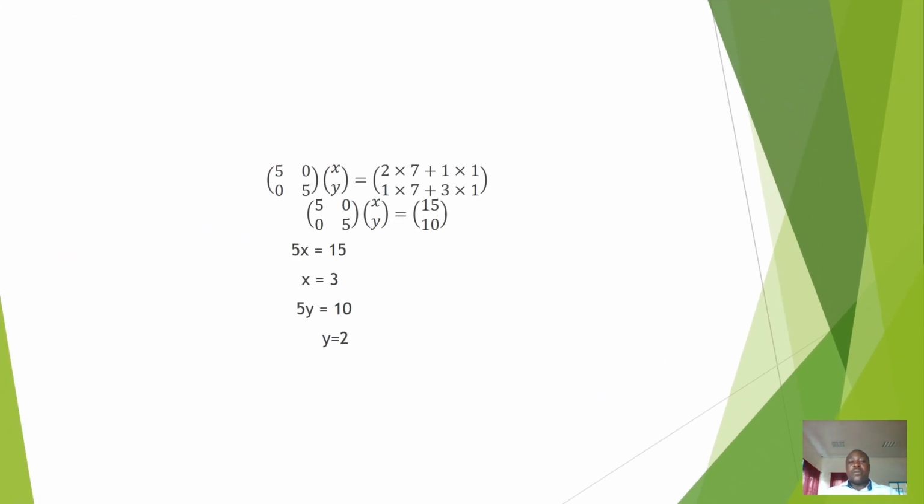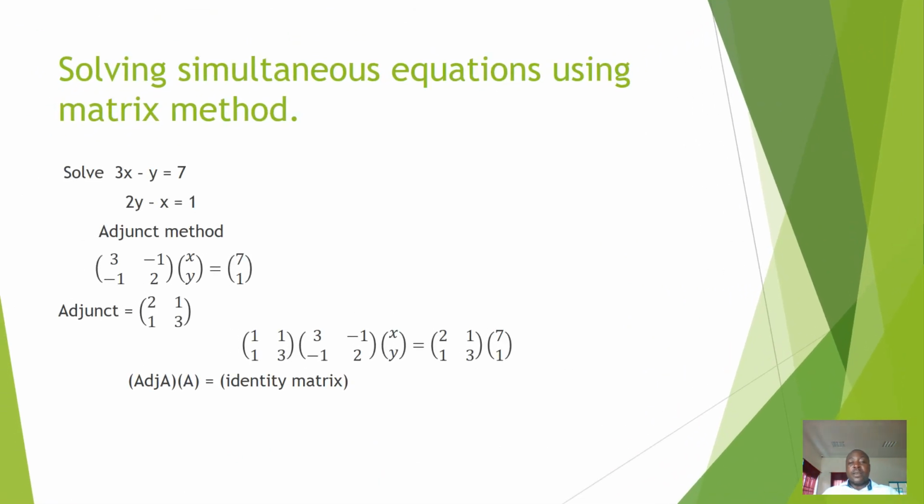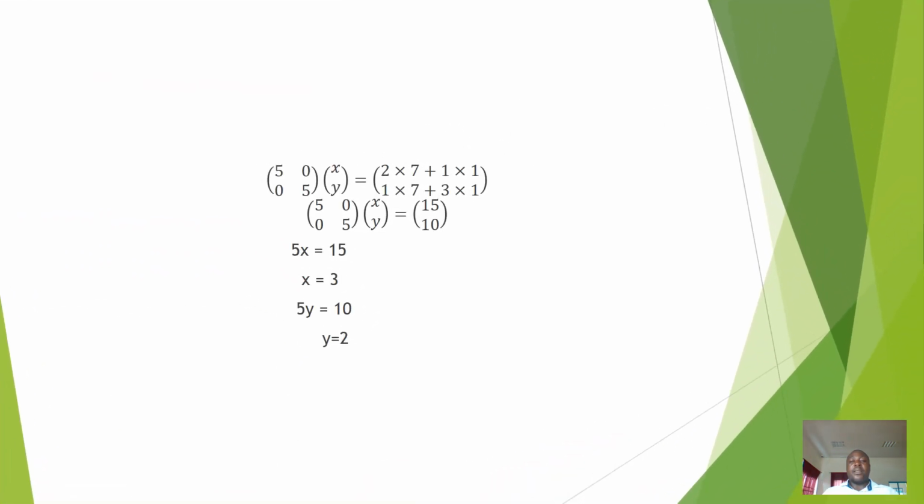So our major concern will be multiplying the right hand side, which gives us 2 times 7 plus 1 times 1, which gives us a 15. Then 1 times 7 plus 3 times 1, which gives us a 10.